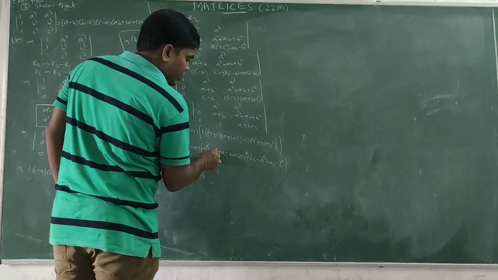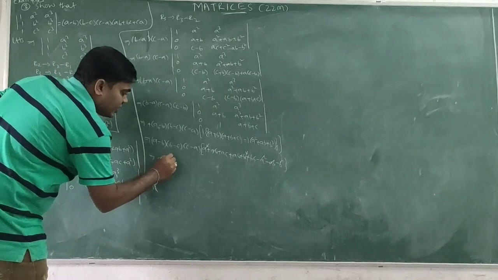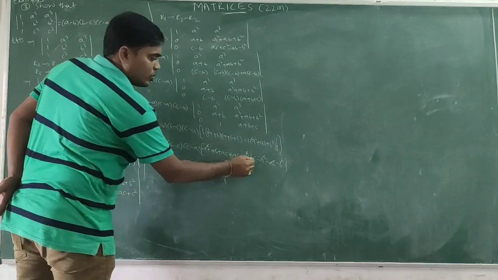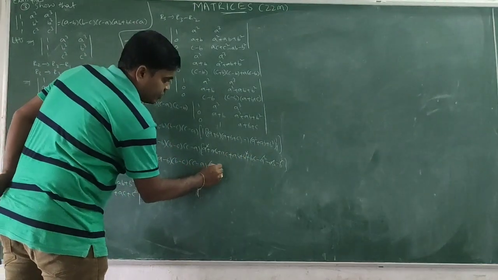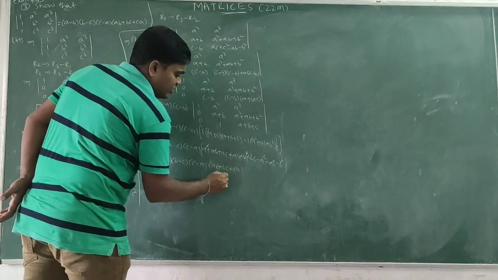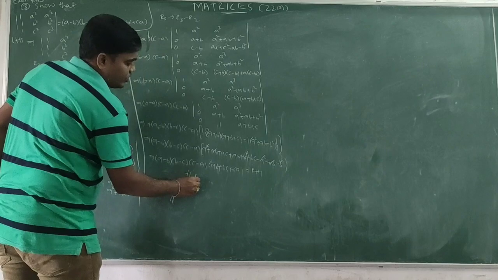Next, one of the AB also gets cancelled. Next remaining A minus B, B minus C, C minus A. So AB plus BC, AC or C plus C. So this we need to put. Hence it is true.